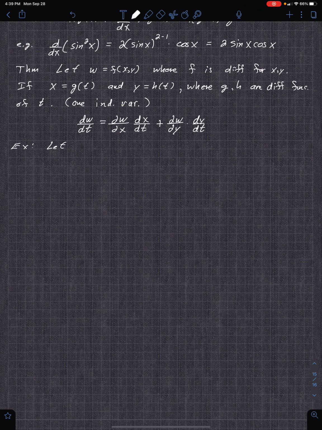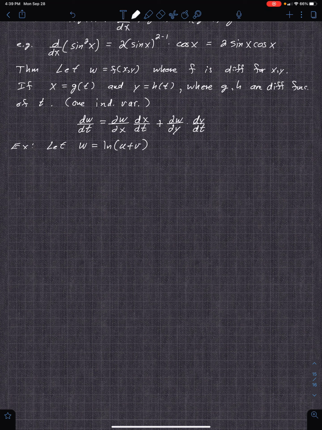Let's let w equal the natural log of u plus v. And then we're going to say u and v are functions of just one variable.